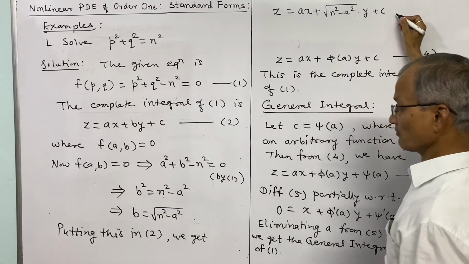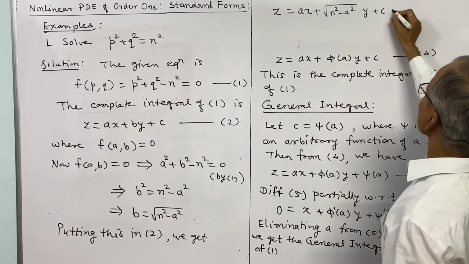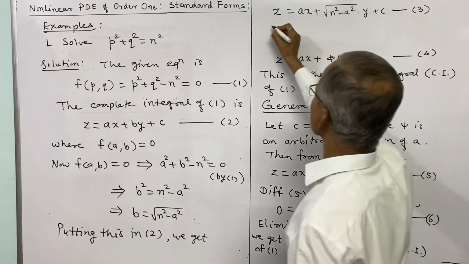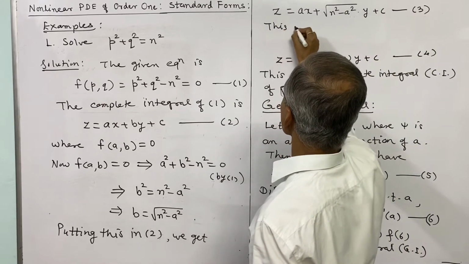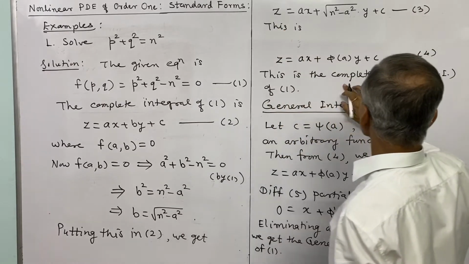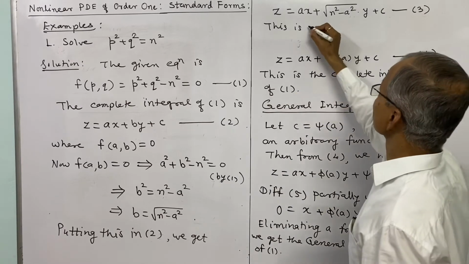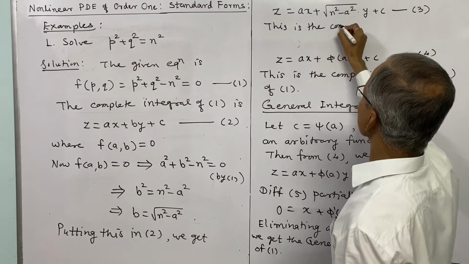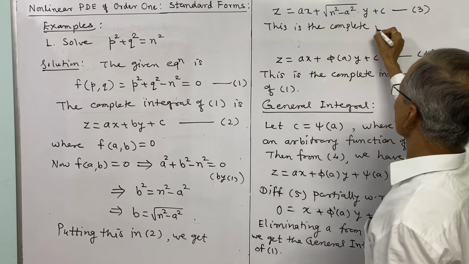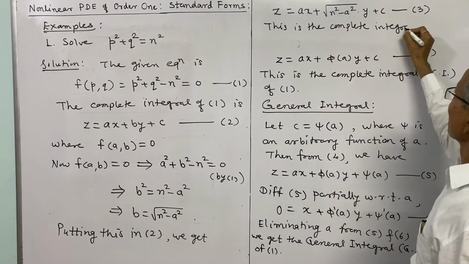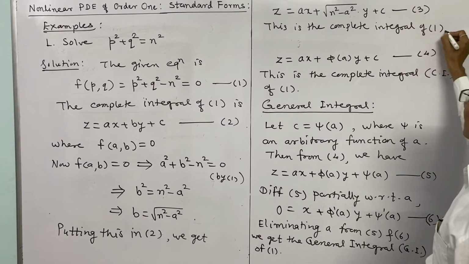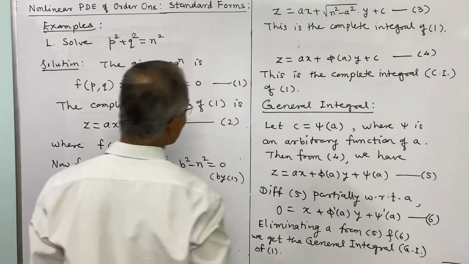So this we will denote by 3, and this is the complete integral, the complete integral of 1. So thus we have obtained the complete integral.